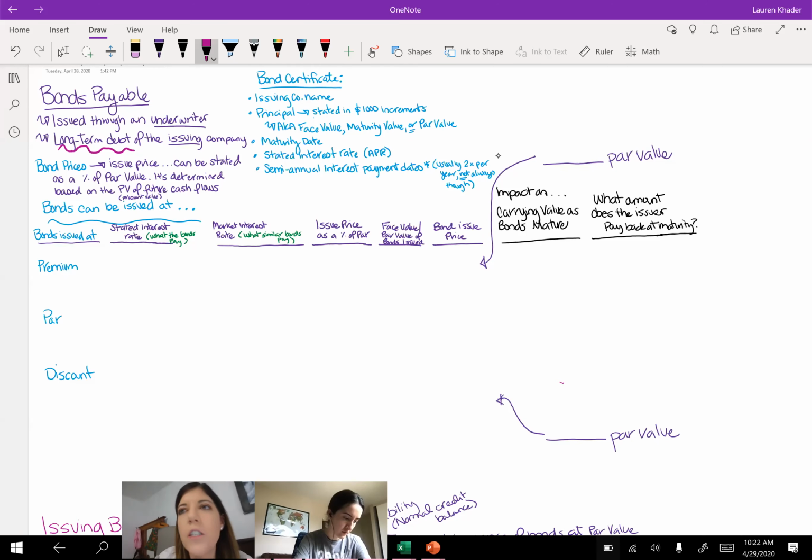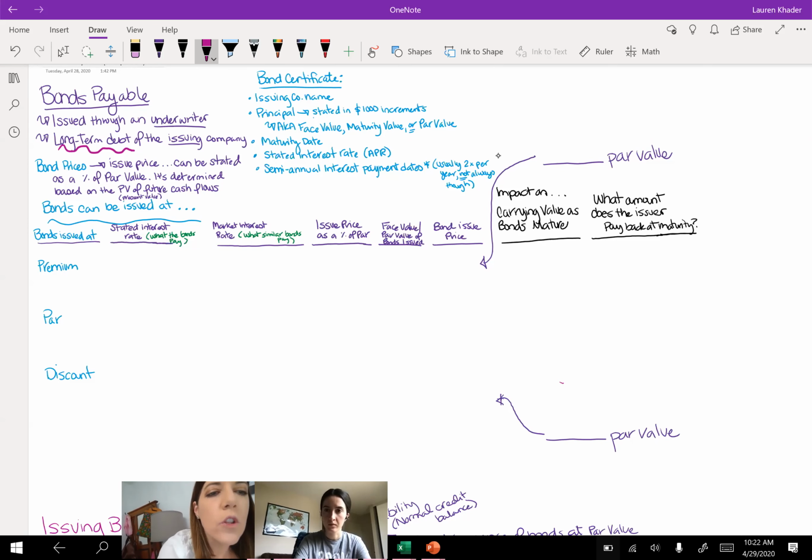The issue price is determined based on present value of the future principal and interest payments. And GAAP uses the effective interest method, which means that we're taking into account the stated rate, or the interest rate these bonds are paying, as well as the market rate, what bonds similar to these bonds were paying at that date of issuance.